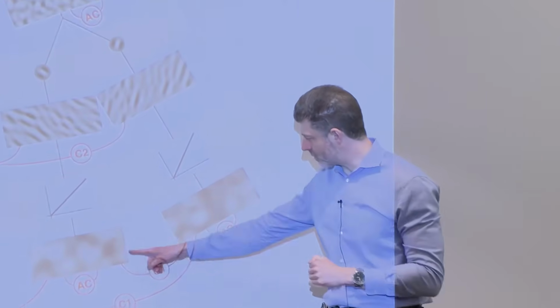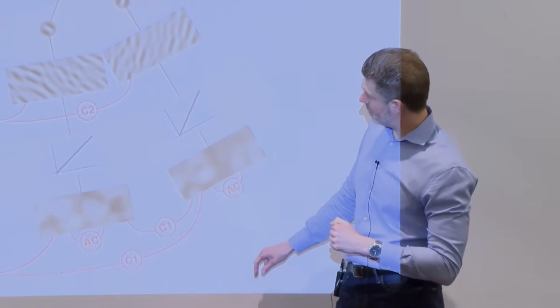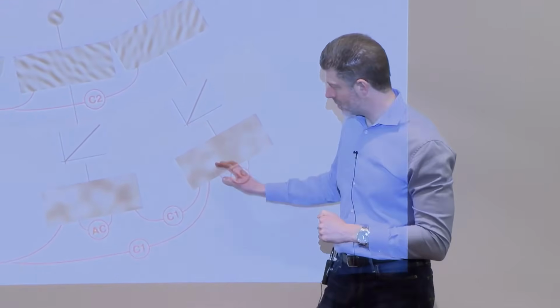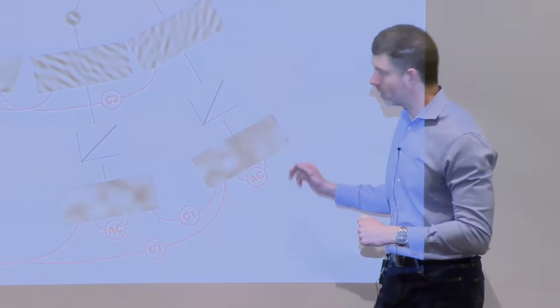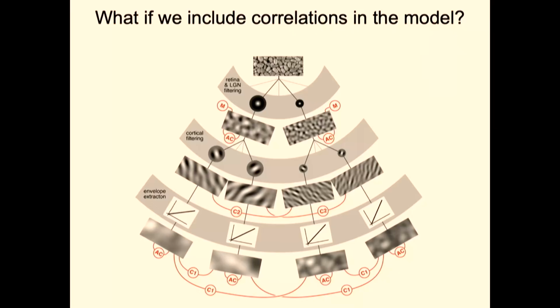The other C's are correlations between different orientations or different spatial scales, measuring the joint dependence of the responses along these dimensions. It's essentially a big set of statistics, all capturing the average properties over space of the image viewed through a certain type of representation.